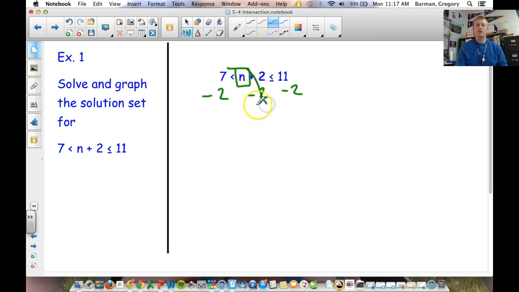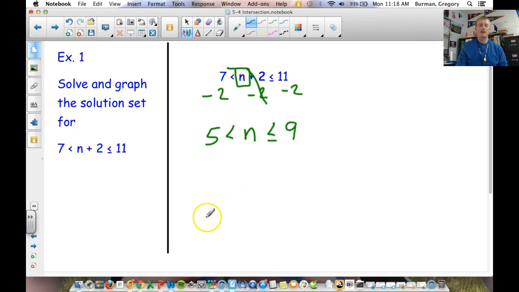So when I subtract 2 to make things balanced, I've subtracted 2 from the 11, which makes me have a 9. I've subtracted 2 from the 7, which gives me a 5. Now my inequality signs come straight down exactly the way they were because all we did was subtract 2. If we were to multiply or divide by a negative, our same rules apply. The signs would flip. So n is greater than 5, and n is less than or equal to 9.